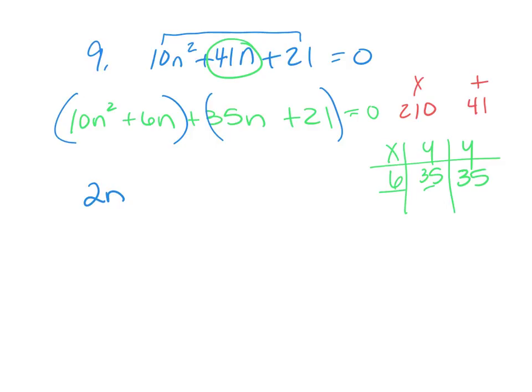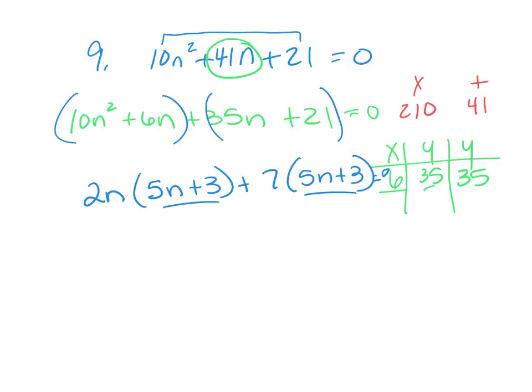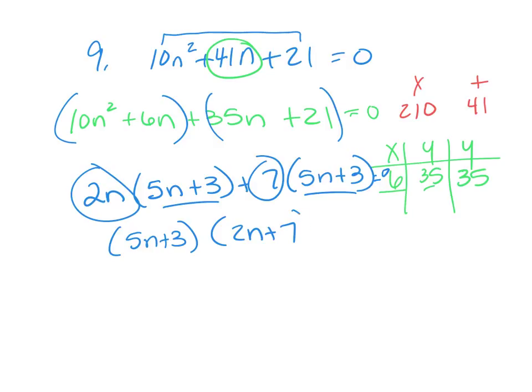Usually you can take out a letter out of the first one and not the second one. And then you have 5n plus 3 left there. And over here it looks like I can take out a 7, and I have 5n plus 3. Trust me when I tell you, these two are always going to be the same, so you can kind of figure out if you have it right. So then your two parentheses are 5n plus 3, 2n plus 7. Remember the 2 that got left out in the cold, or the second one?